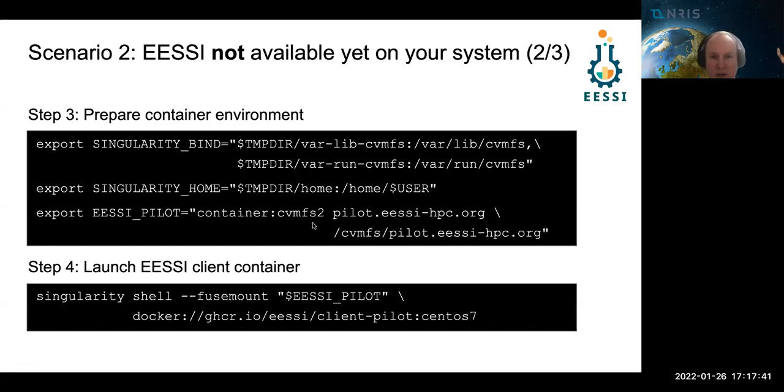It uses the CernVMFS fuse mounter, and where the repository is and under which directory it should be mounted. And if you have defined this all, then you can just launch the container. You can launch a shell, and we have prepared a container for this. That's really just a very simple, basic container, not containing much, only the CernVMFS client, basically.